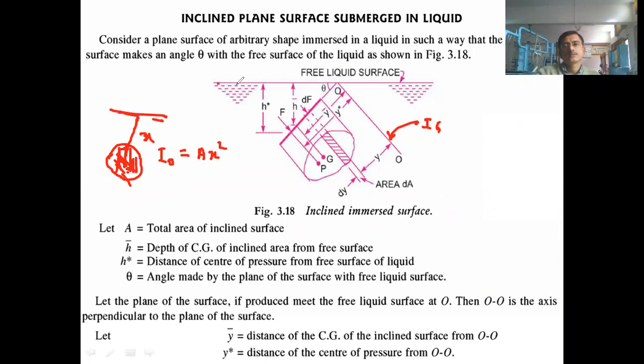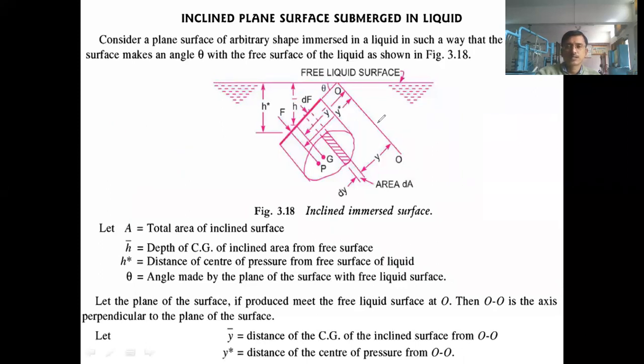But here, this surface and this inclined surface are not perpendicular to each other. Then how can we find the moment of inertia of this inclined surface about this axis? We cannot find it. So that's why we require a line perpendicular to this surface. So here we drew an imaginary line which is perpendicular to this surface so that we can find out I0, and then we can find out Iz about the centroidal axis like this, which is parallel to this axis.